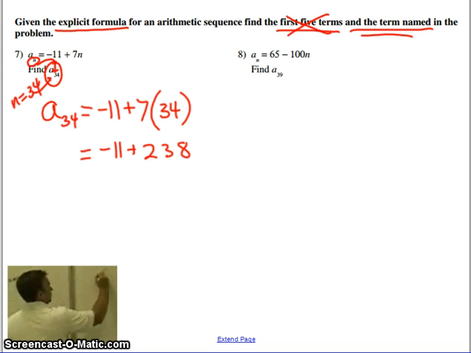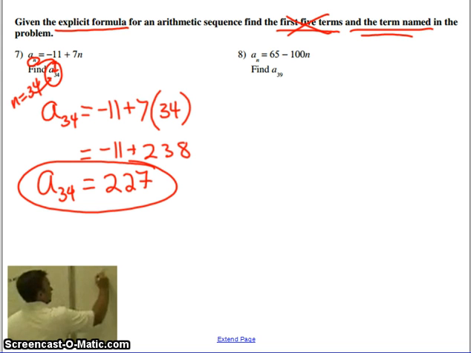plus negative 11. And we get A sub 34, so negative 11 plus 238 is 227. And that's the 34th term in this sequence. Alright, number 8, same thing. A sub 39 equals 65 minus 100 times 39.